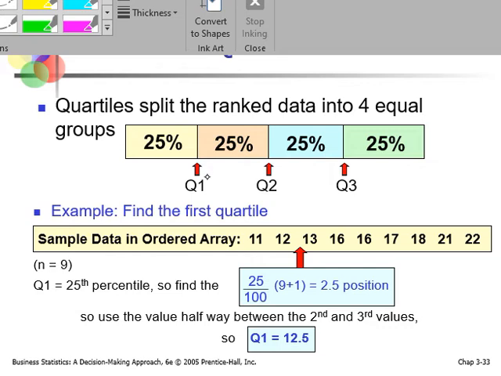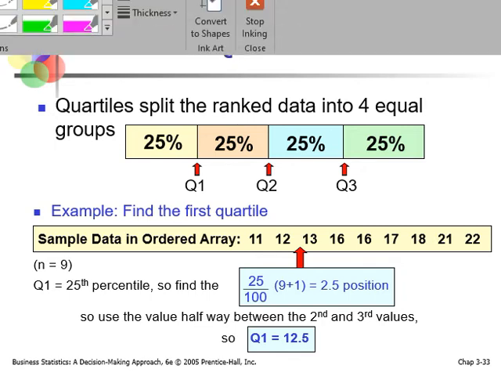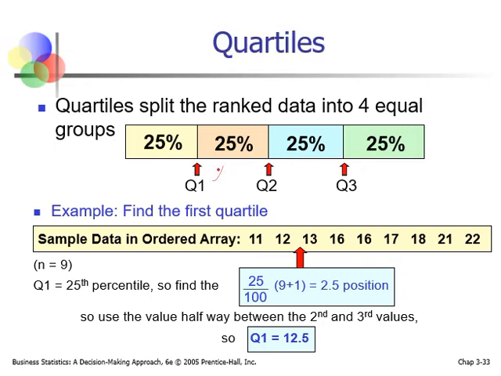Keep in mind that Q1 is the 25th percentile, Q2 is the 50th, and Q3 is the 75th percentile.